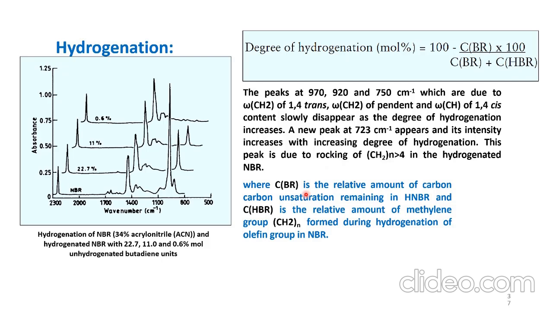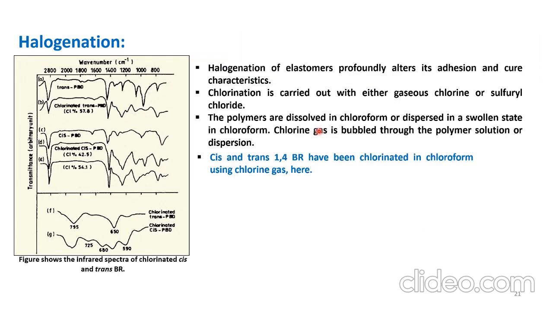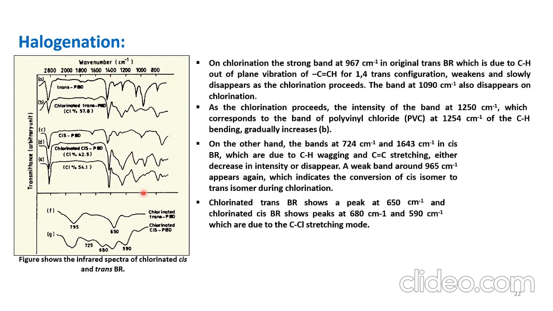So this is one of the processes. Then we have halogenation. In this case, if we are substituting a halogen like chlorine or bromine, then the degree of halogenation can also be determined using FTIR.